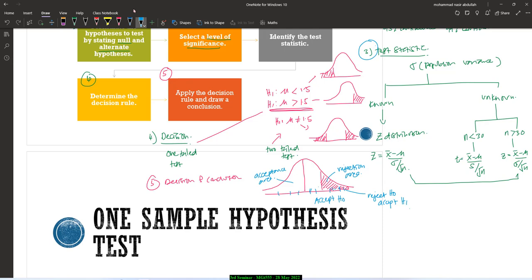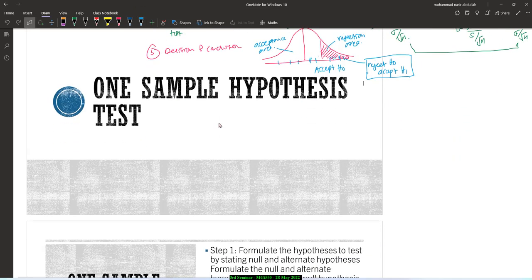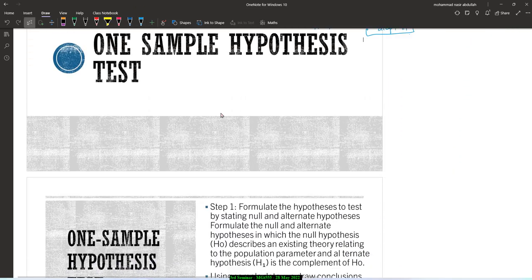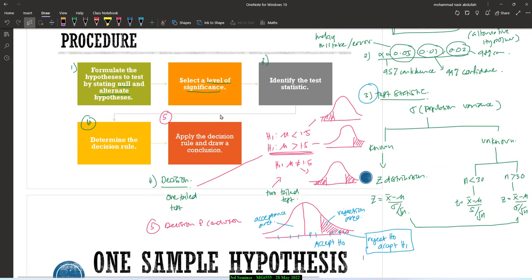When we accept null hypothesis, we reject alternative hypothesis. When we reject null hypothesis, we accept alternative hypothesis. We make a conclusion based on the decision lah. Okay, so now let's look at one sample hypothesis testing. So before we go there, boleh faham apa yang I draw ni?